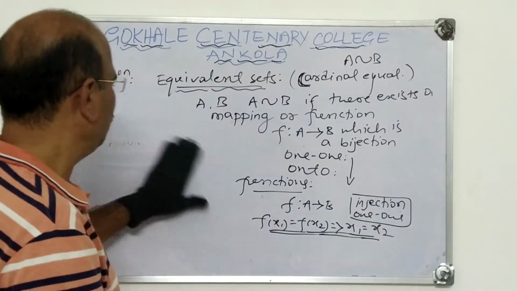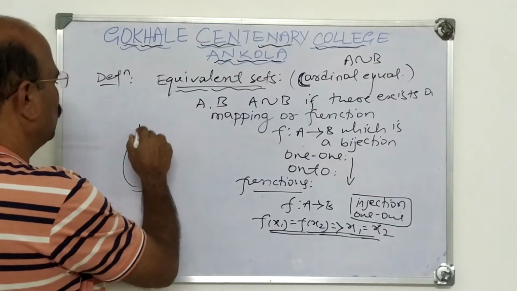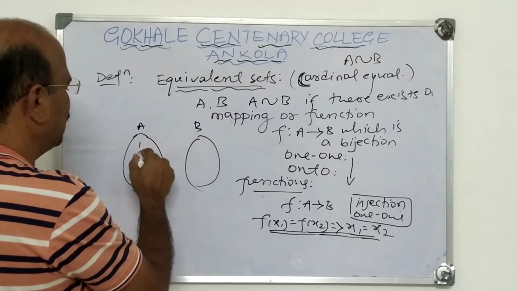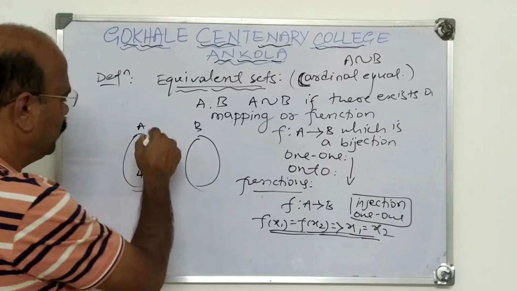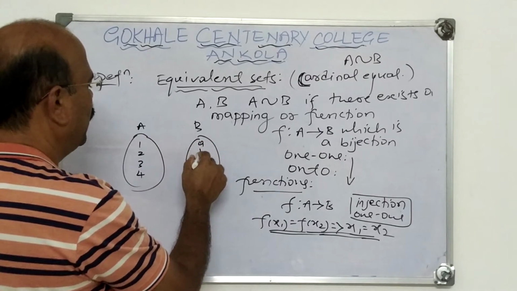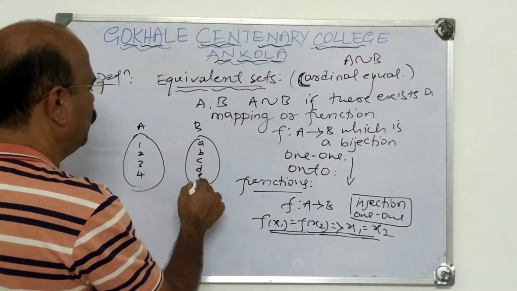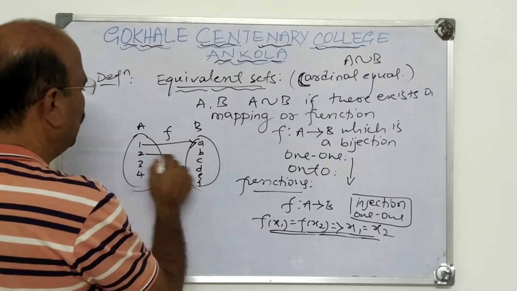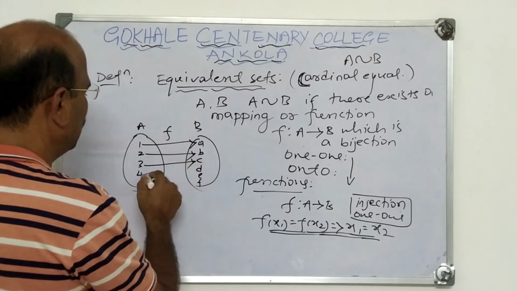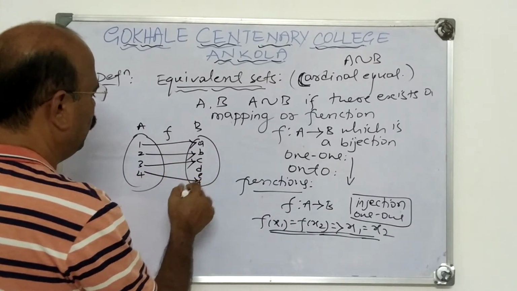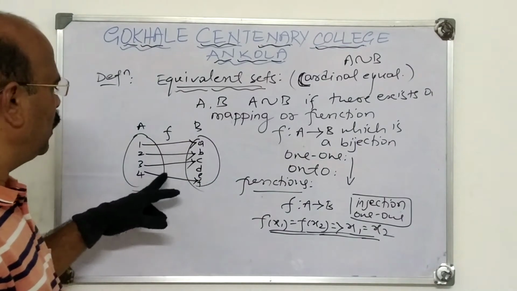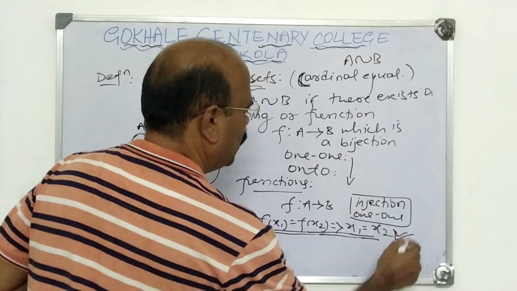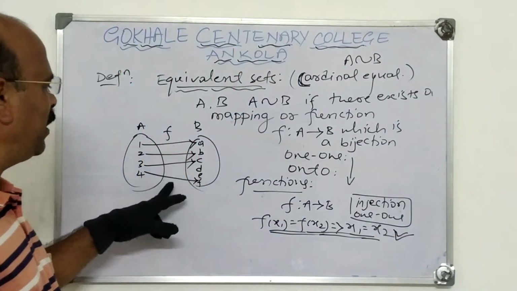You know what is a function? Function means, suppose A and B are any two non-empty sets. I take, for definiteness, A consisting of 1, 2, 3, 4 and B consisting of A, B, C, D, E, F. Then suppose f is defined like this: 1 is related with A, 2 with B, 3 with C, 4 with F. Then this is one-one. This condition implies different elements have different images.